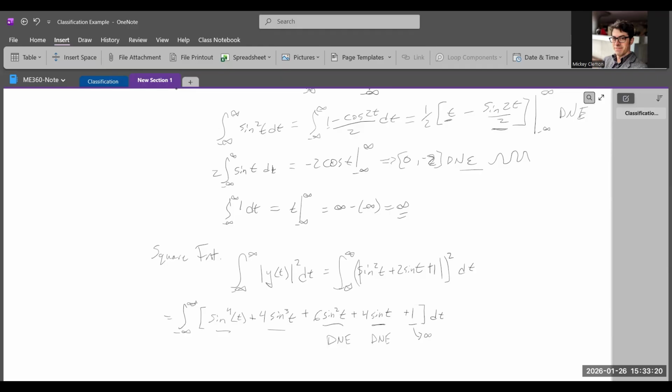Sine cubed I assume would be the same. Definitely sine to the fourth does not exist. And we're taking absolute values of this, so we're going to end up with all positive values. So again, this is going to continue to oscillate forever. So this is also not square integrable.